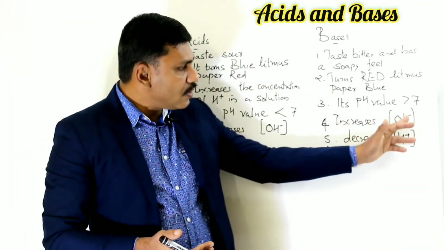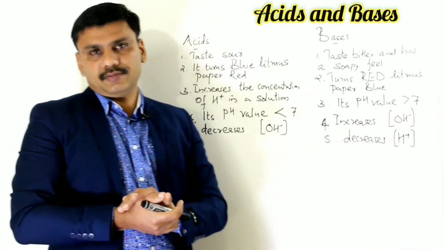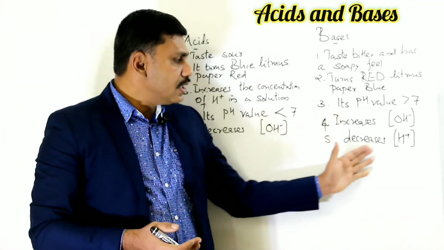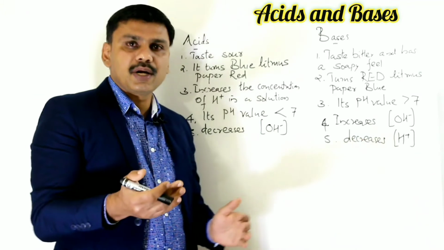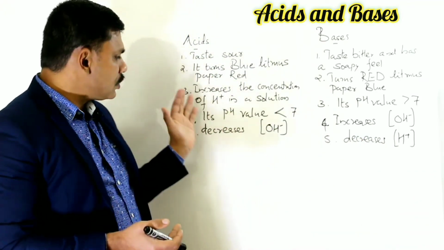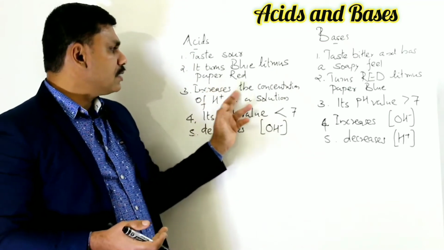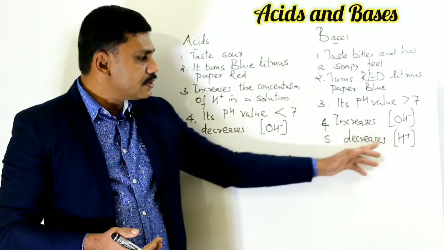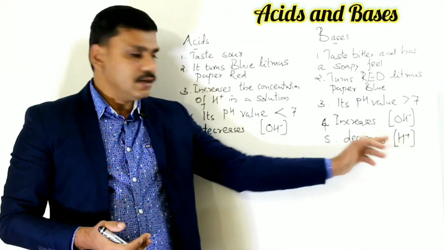It increases the concentration of OH minus. It decreases the concentration of H plus or H3O plus. They are just opposite. Here it increases the concentration of H plus ion, here it decreases the concentration of H plus.